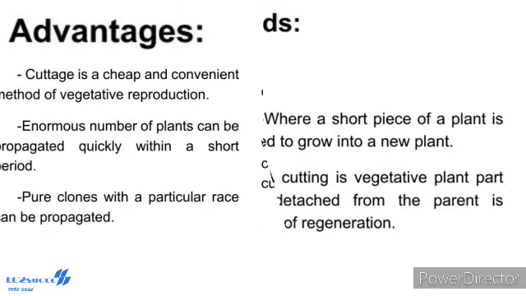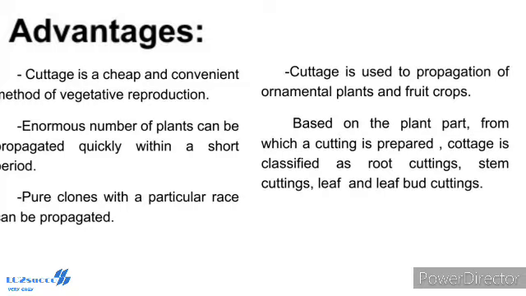Some of the advantages of cuttage: it is a cheap and convenient method of vegetative propagation. An enormous number of plants can be propagated quickly within a short period. Pure clones with a particular race can be propagated.